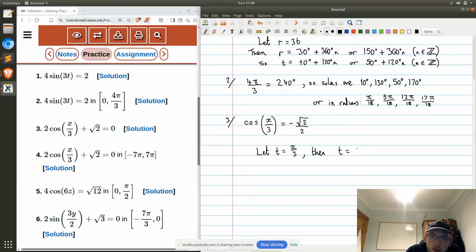Three pi over 4 and 5 pi over 4. And then this is plus 2 pi n. And this is plus 2 pi n. And then setting t to x over 3 and solving. In other words, multiplying this by 3 and this by 3.